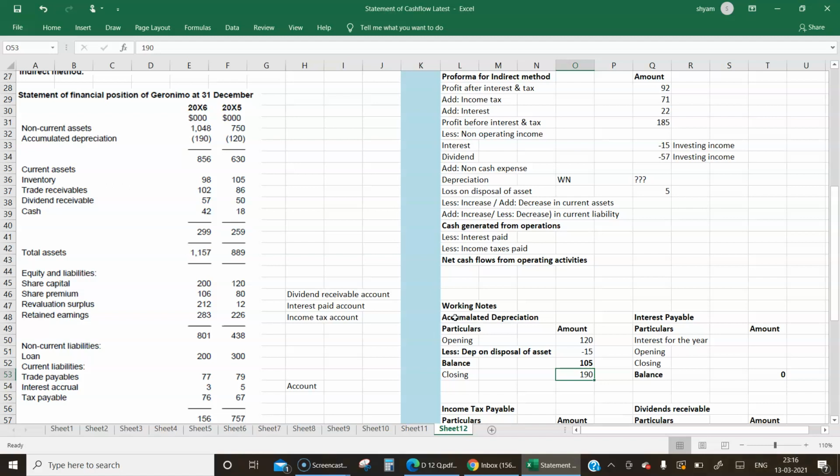So depreciation is 85, the depreciation for the year. This is the balancing figure.